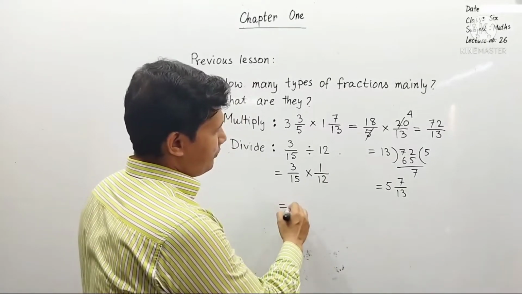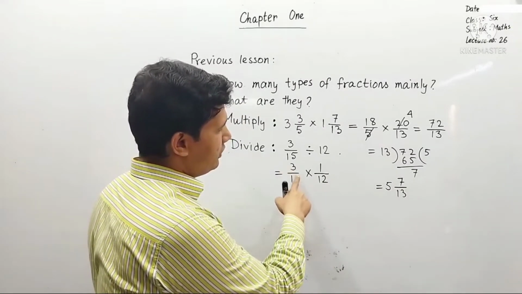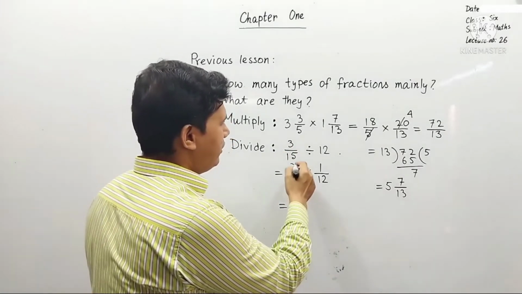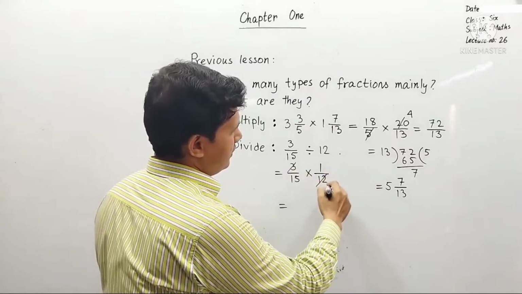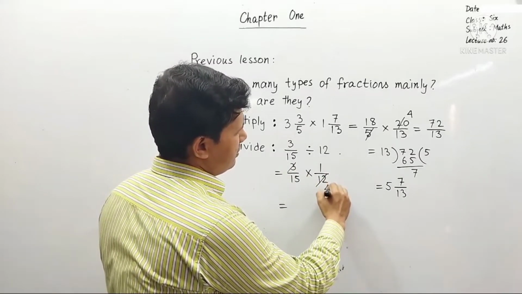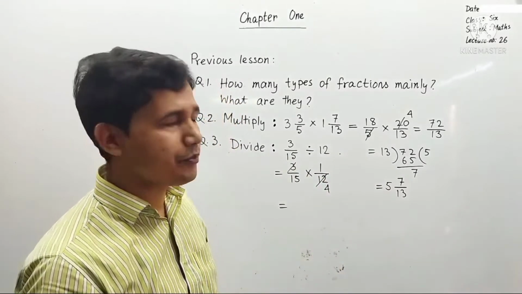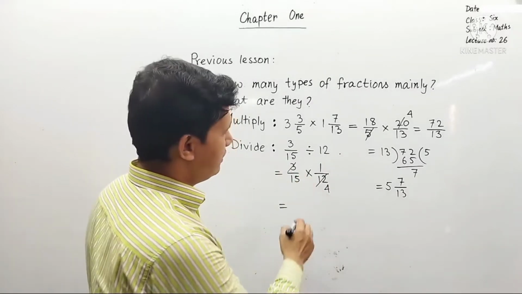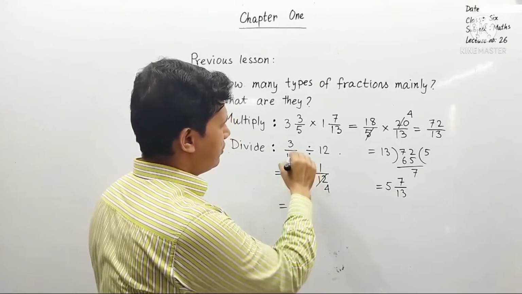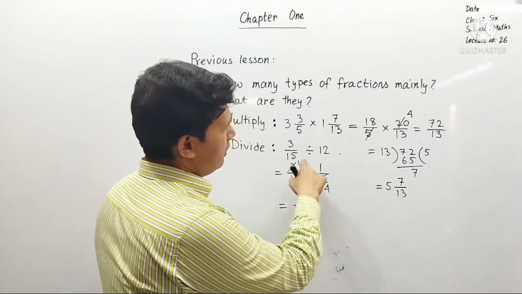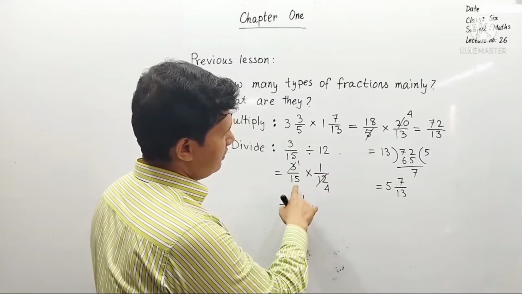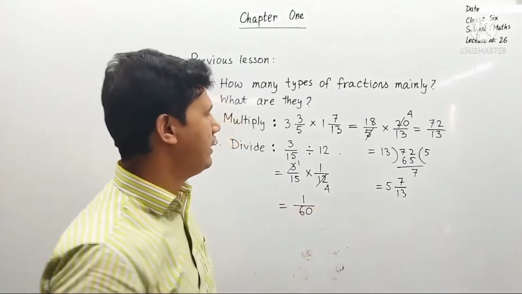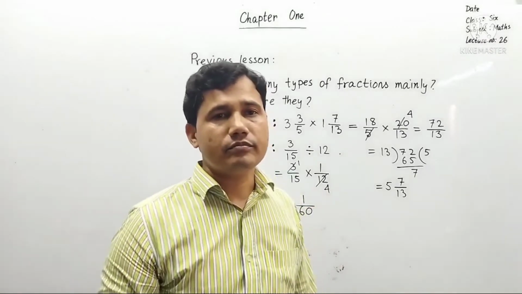Now by this 3 we can divide 15 and 12 also. Anyone you can divide. This 12 you can divide. Since this one is smaller, 3 will go 4 times into 12. And here it will go 1 time. 1 ones are 1, no division, and 15 into 4, 16. This one is the answer.